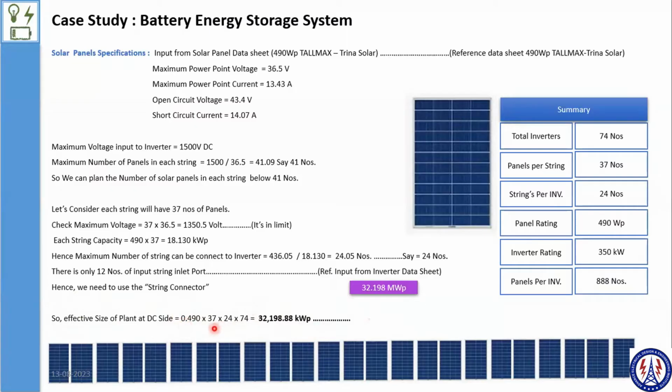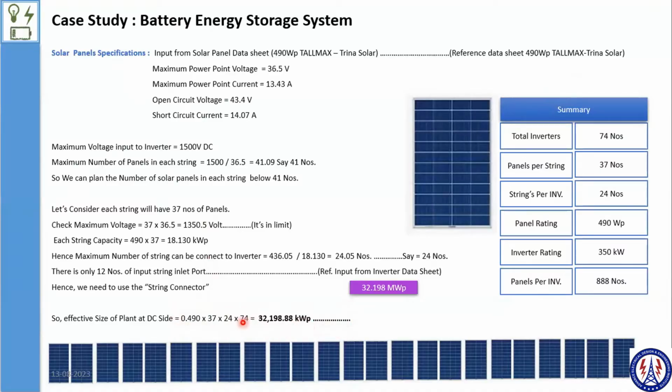I'll explain again. Each panel wattage is 490 watt, so I divided by 1000 to get kilowatt, and multiplied by the number of panels in each string. This gives me each string rating, multiplied by total strings gives single inverter rating, and multiplied by total inverters gives the exact plant output.